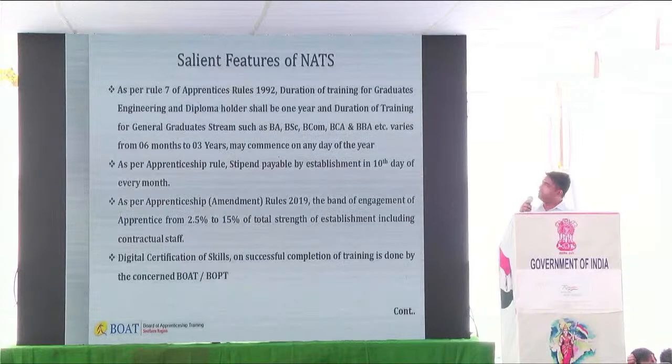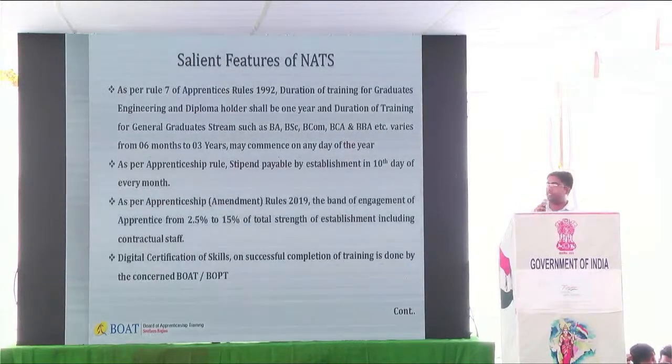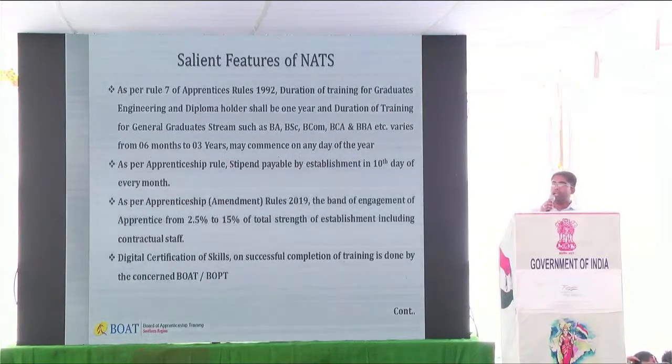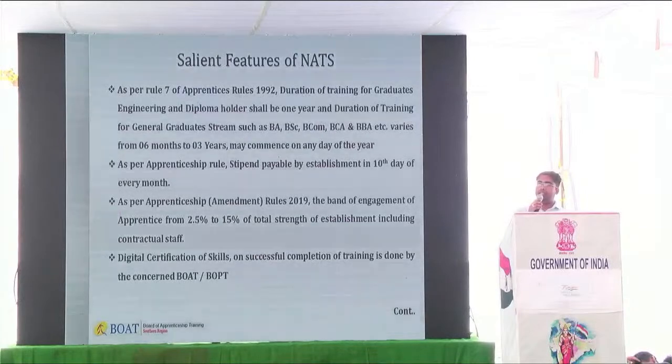And what are the salient features under this NATS scheme? The duration of training for graduate engineers and diploma engineers is 1 year only. After the 1 year of training, the establishment can absorb them as permanent employees, or otherwise they can leave.